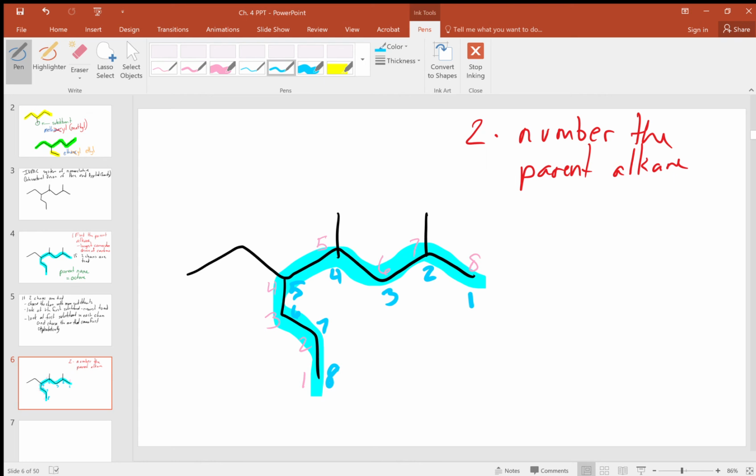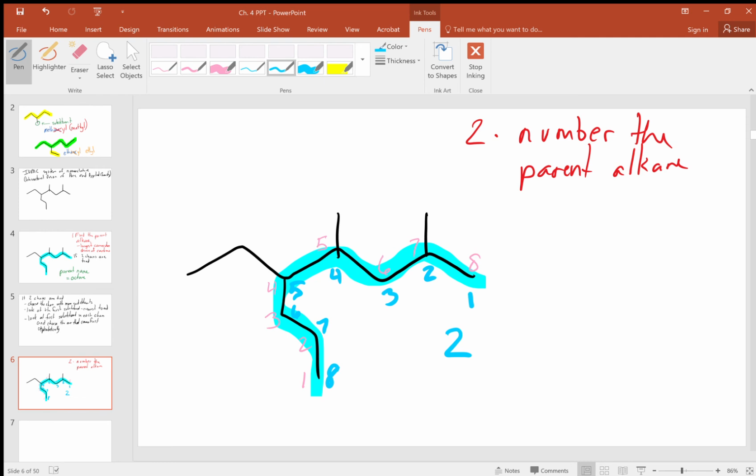So how do we determine which is correct? And does it matter? Well, the answer is yes, it does matter. So if we look at our blue numbers, where's the first substituent? With the blue numbers, the first substituent is on the second carbon.